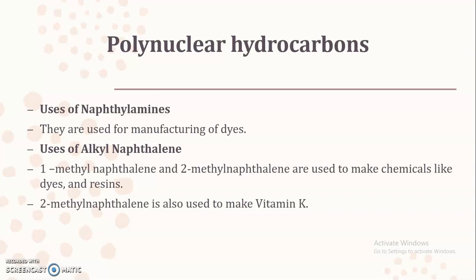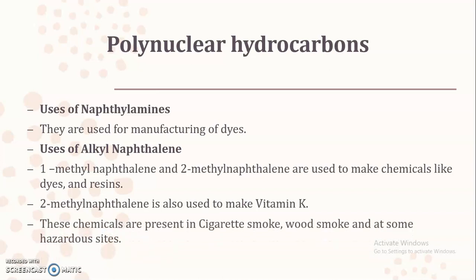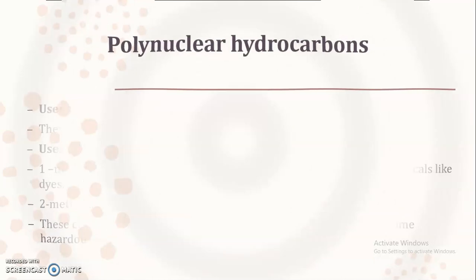Also 2-methyl naphthalene is used to make vitamin K. That is, vitamin K production involves the use of 2-methyl naphthalene. Also these chemicals are present in cigarette smoke, wood smoke, and at some hazardous sites. So these are the various uses of naphthalene and its derivatives.